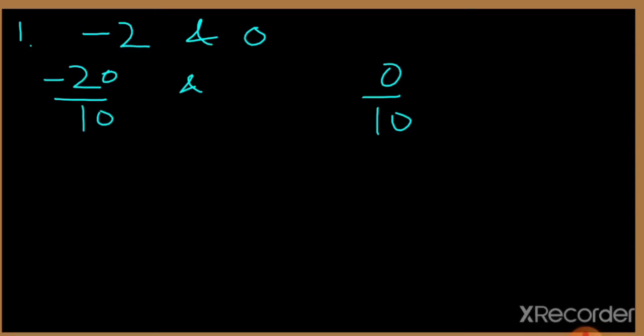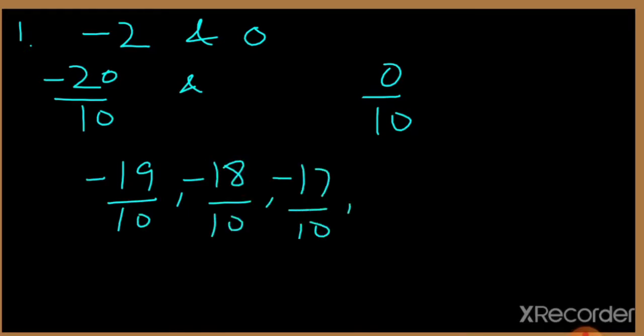Starting from minus 20, if I start going towards 0, I will get minus 19 by 10, minus 18 by 10, minus 17 by 10, and so on up to minus 1 by 10, because minus 1 comes before 0. So starting from minus 19 by 10, I can go up to minus 1 by 10.